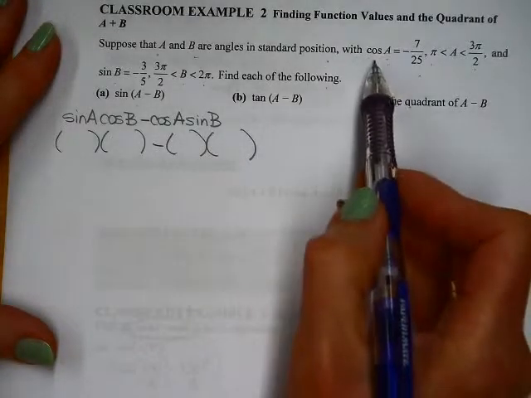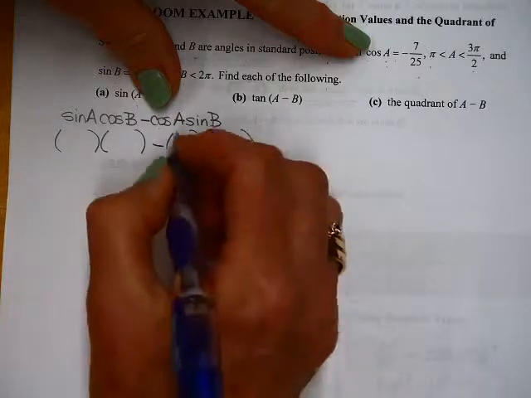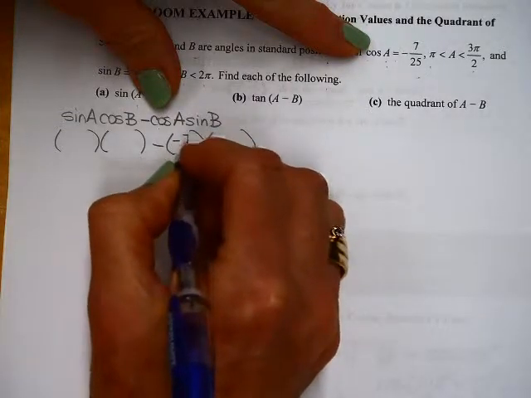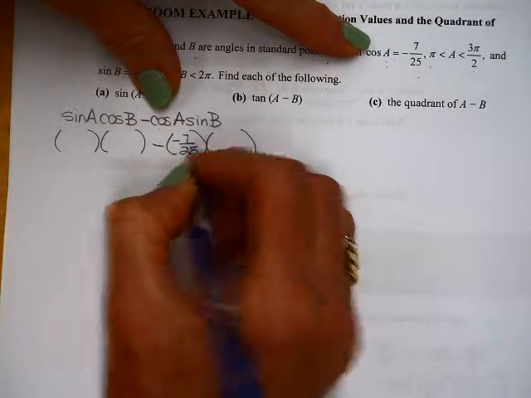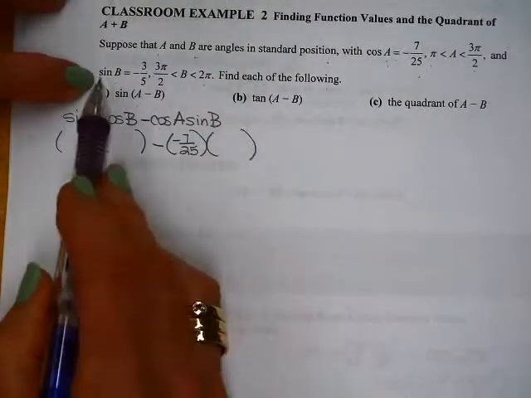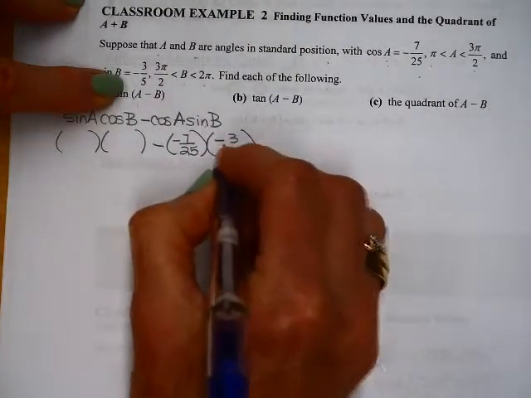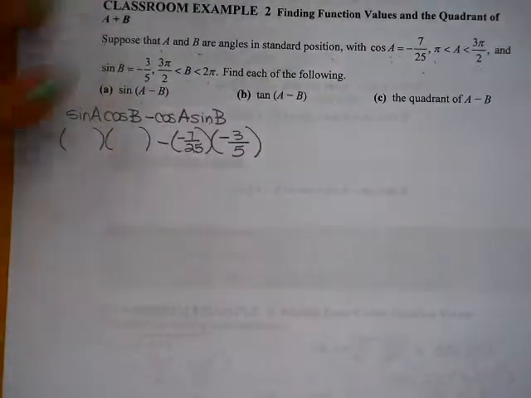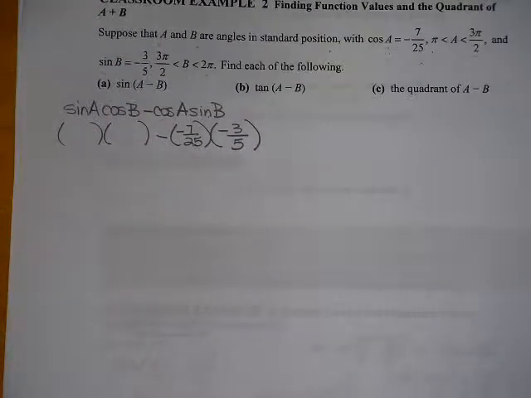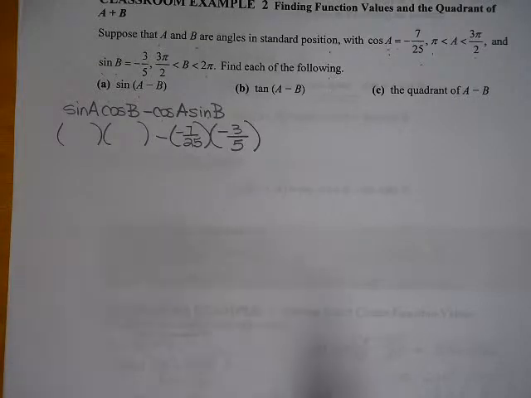They gave me the cosine of angle A, which is this one right here, negative 7 over 25. And they gave me the sine of angle B, which is right here, negative 3 over 5. So once again, they give me 2 things, and I've got to find 2 things.